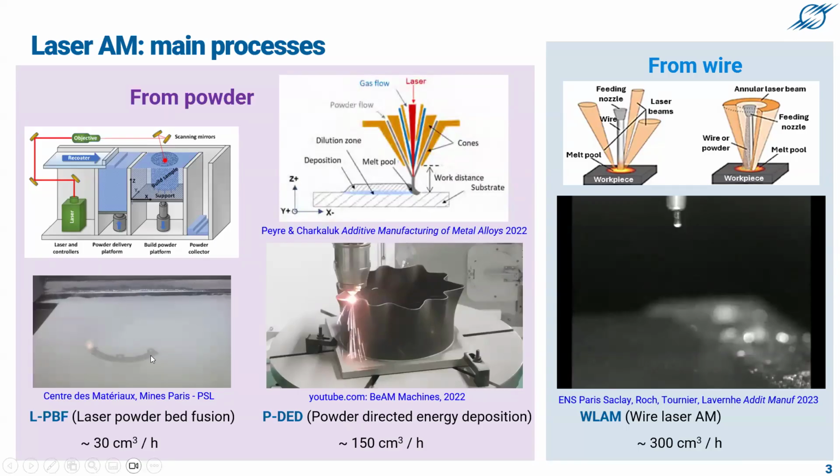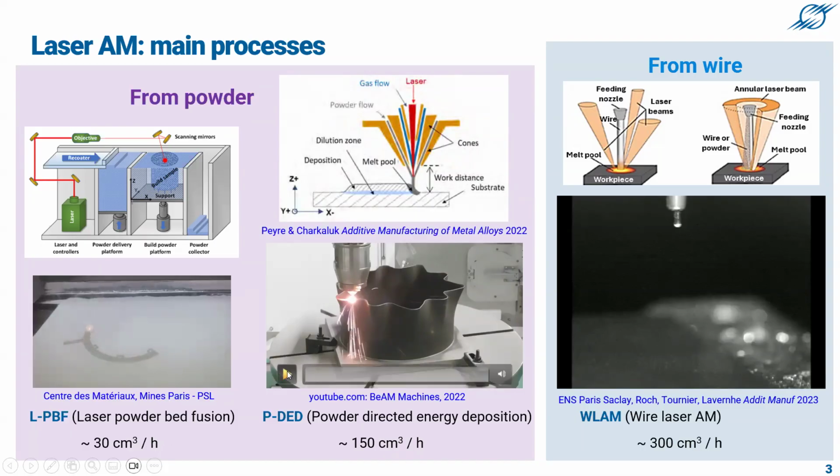You can see the laser at work on this animation, melting and solidifying successive layers to finally make a part. This process has a low deposition rate, a few tenths of cubic centimeter per hour.